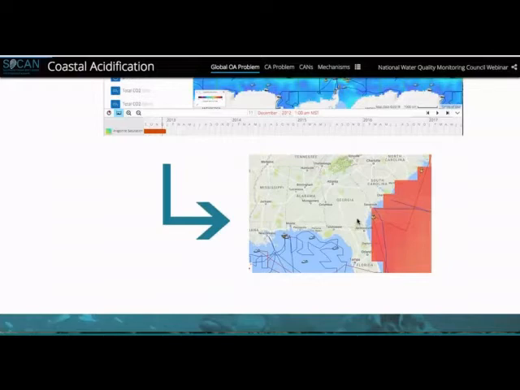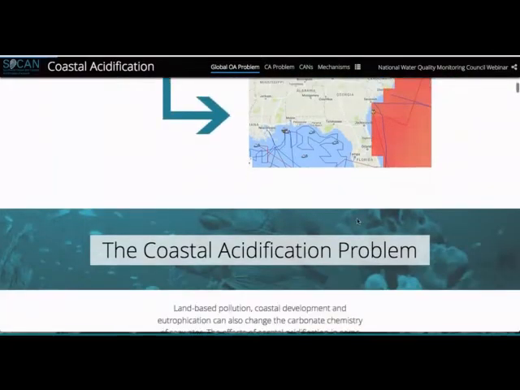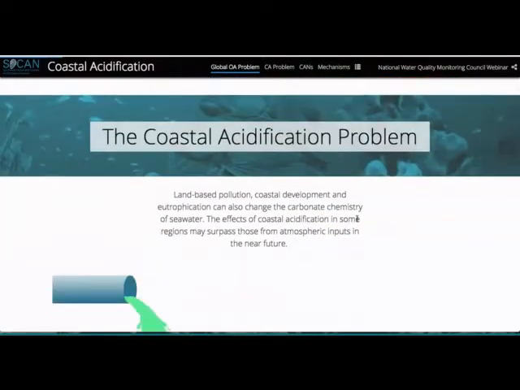So what is coastal acidification? Coastal acidification is an entirely different problem that results in the same things, in that we're still talking about mechanisms that increase carbon dioxide and decrease the pH, though through totally different ways than our atmospheric absorption mechanism.